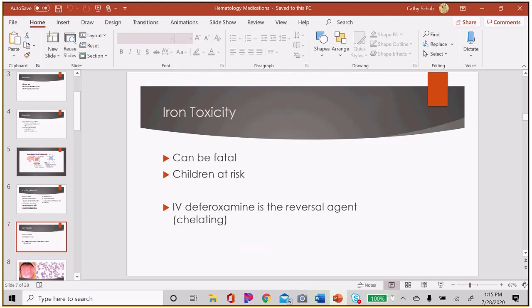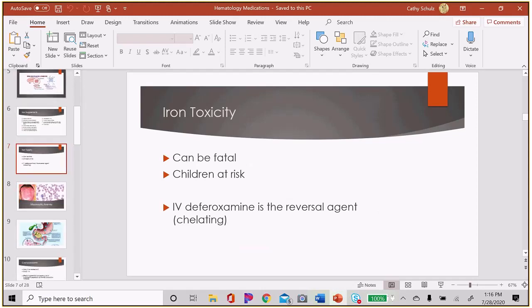That's the biggest issue, that potentially it could lead to over-ingestion, which can lead to symptoms of shock, low blood pressure, and eventually could hurt their kidneys or brain. If a person does experience iron overload or iron toxicity, you can give them a reversal agent, which binds the iron and pulls it out, and that's called deferoxamine.